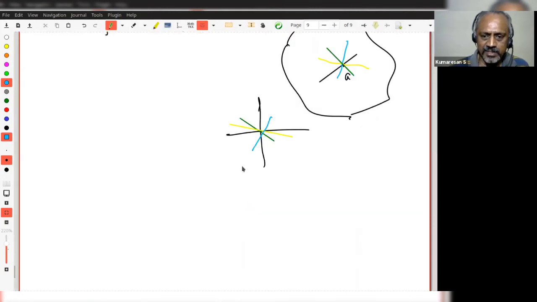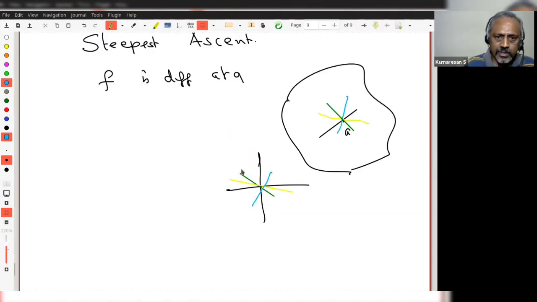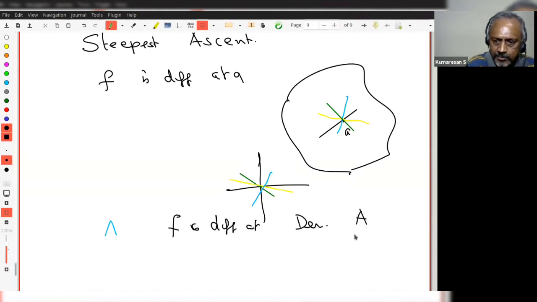The answer is very easy now. We are assuming f is differentiable at A and the derivative is this linear map, it is what we call derivative. This is my notation.